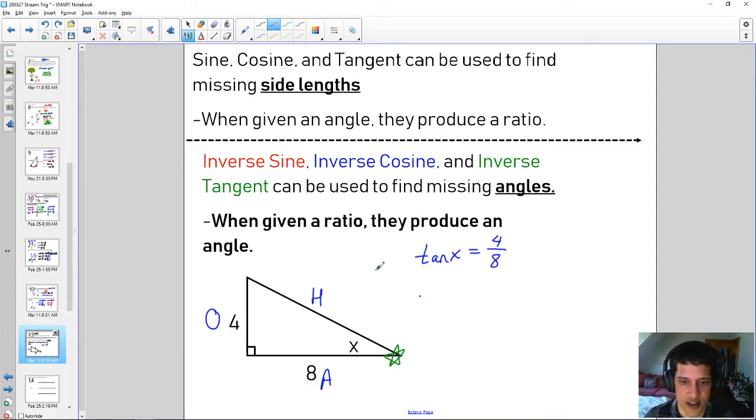Inverse tangent is written as tan to the -1 of whatever our angle is, or angle theta.